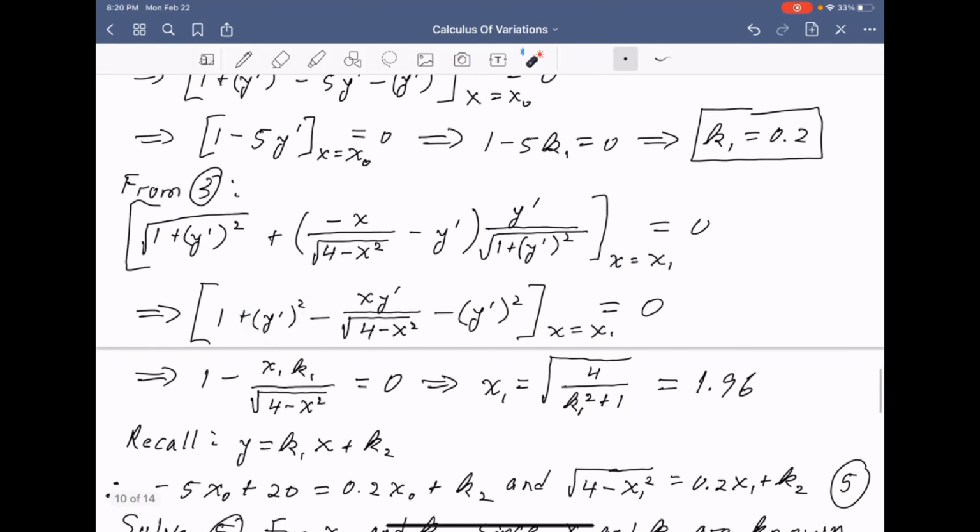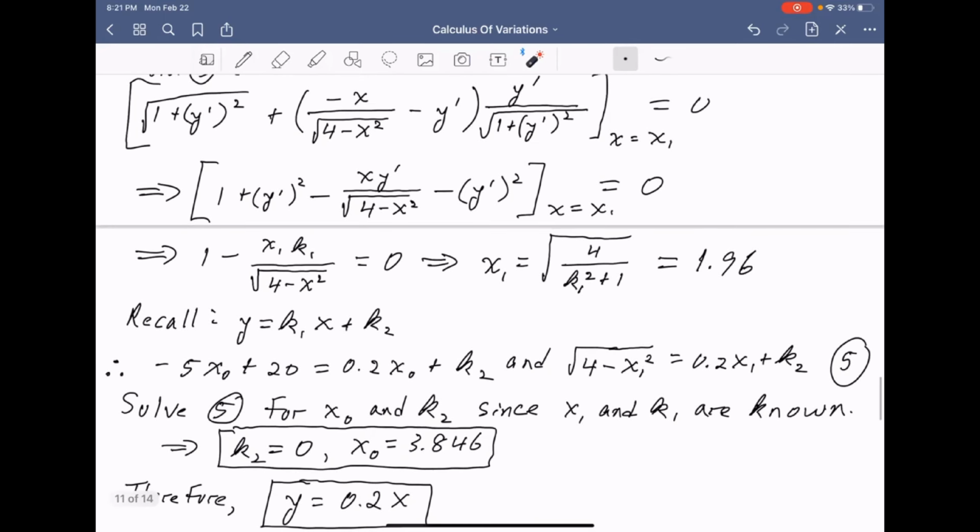This cancels that, and we get 1 minus y prime evaluated at x1, and that gives us x1 k1 divided by the square root of 4 minus x squared, set that equal to 0, and we solve for x1, and that's 1.96 as I mentioned above.